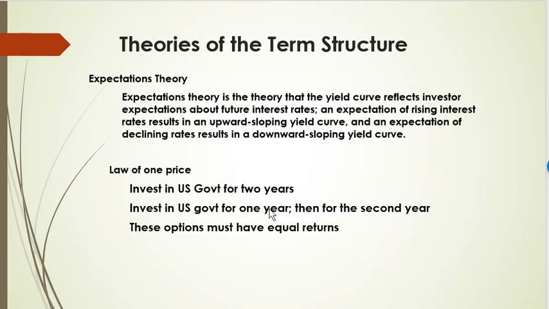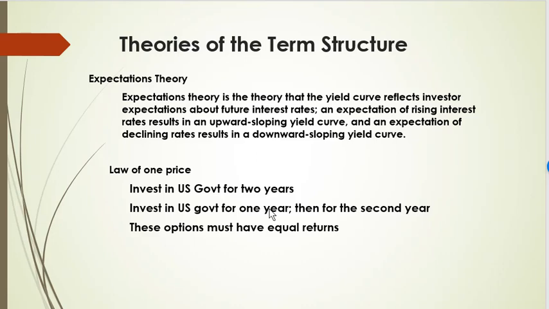The first thing that creates this curve is what's referred to as the expectations theory. Essentially, this just says that the curve reflects what investors think is going to happen in the future. And this expectation, since we expect to get higher rates for longer terms, results in this typical upward sloping yield curve.